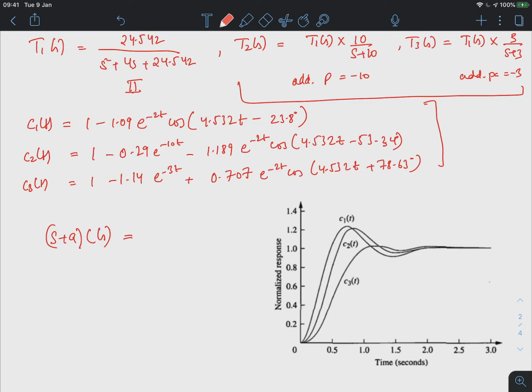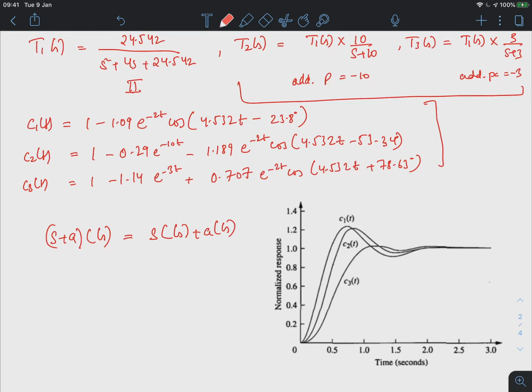So this I can express as s C of s plus a C of s. So the overall response of the system with a 0 now consists of two parts: the derivative of the original response plus a scaled version of the original response.